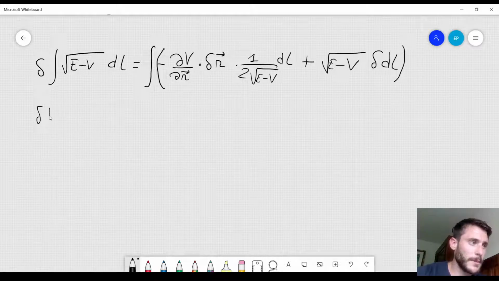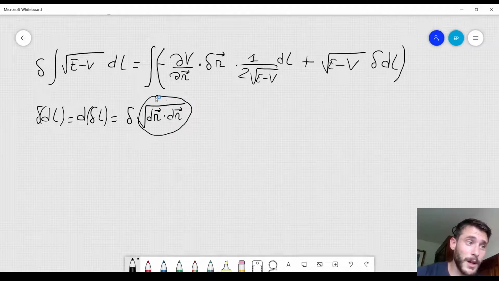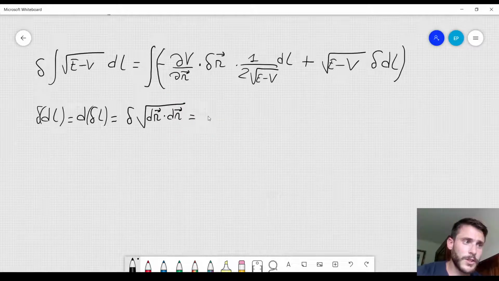The variation of dl, which is also equal to the differential of the variation of L, if you want, but I'm going to use this one now, is equal to the variation of the square root of dr dot dr, because dl, of course, is equal to the square root of the dot product between dr and dr. And this is equal to 1 over 2 the same square root, which is dl, and then I have to take the variation of what's inside the square root.